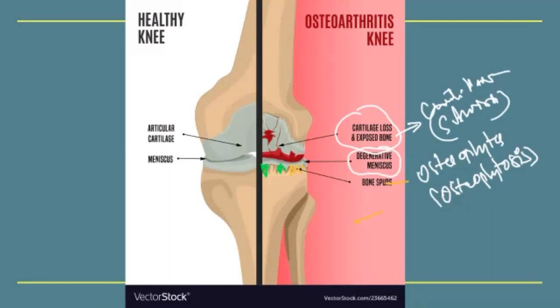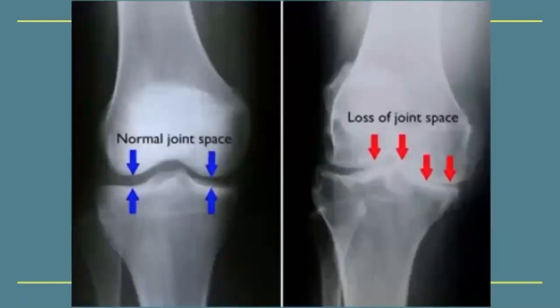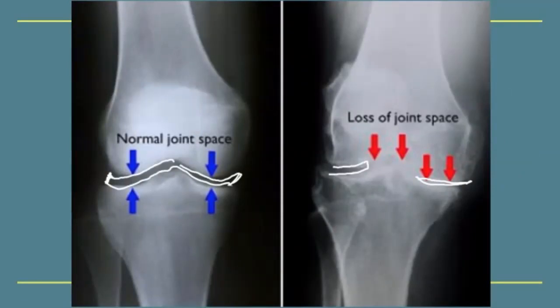Because of this there will be decreased joint space, right? So this will be the x-ray. There is no joint space because there is no articular cartilage. So walking becomes painful, and especially ascending and descending stairs also becomes painful.